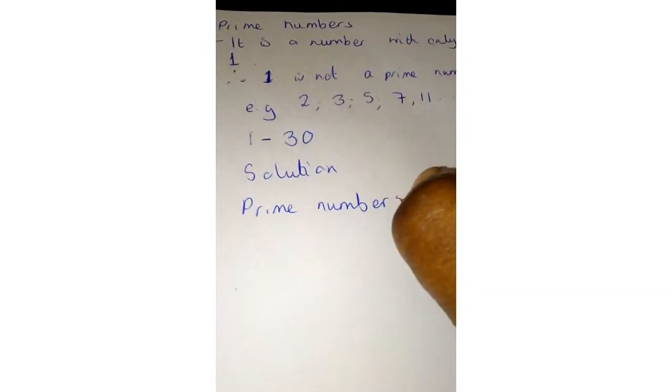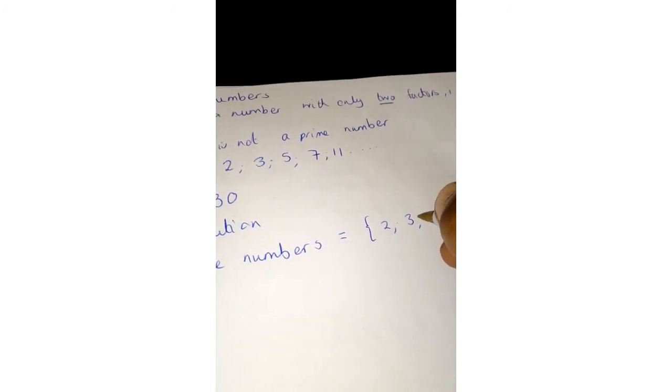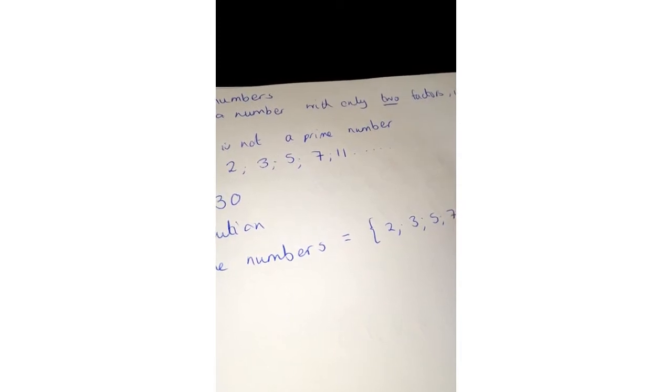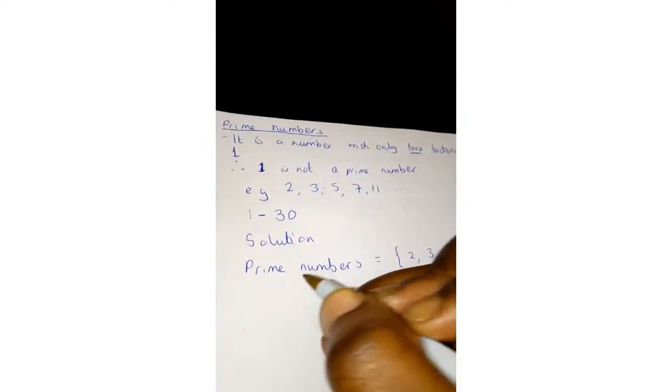This is equal to 2, 3, 5, 7, 11, 13, 17, 19, 23, and 29. These are the prime numbers from 1 to 30.